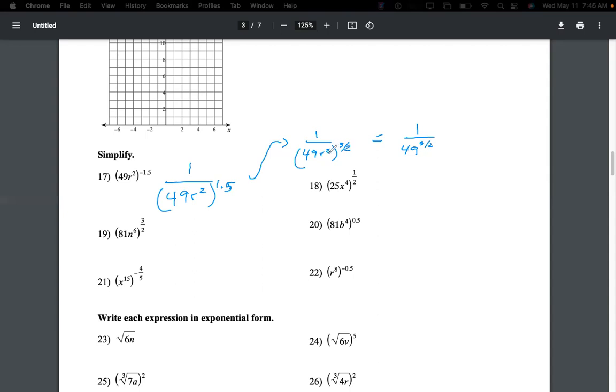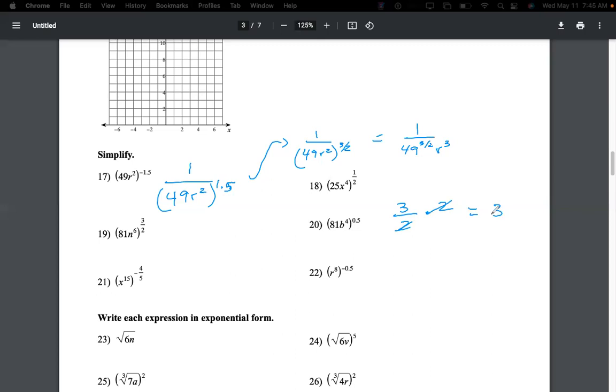Well, when I multiply 2 times 3/2, those 2's cancel. So I get what? R to the 3rd power. Everybody see where I got that from? So again, I had 3/2 and I'm multiplying it times 2. These 2's would cancel and I would get 3.